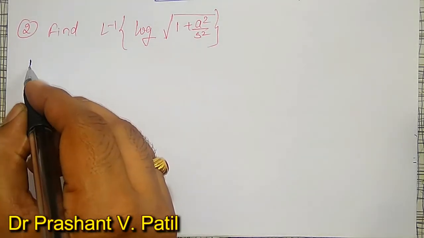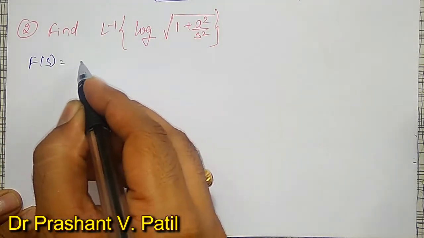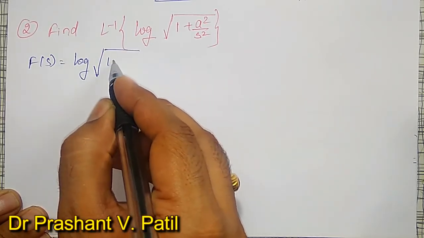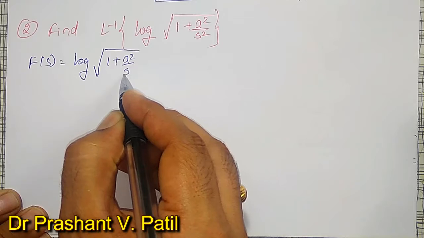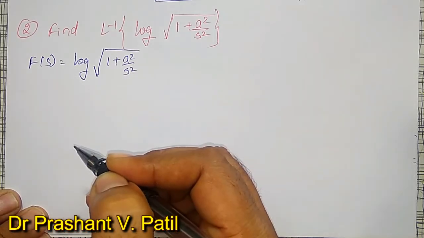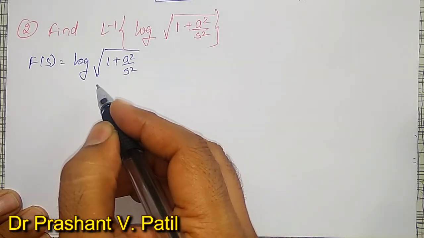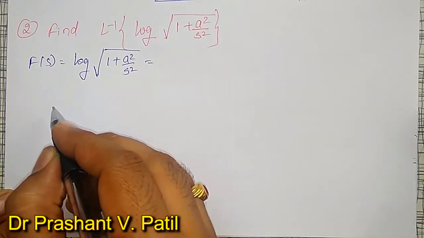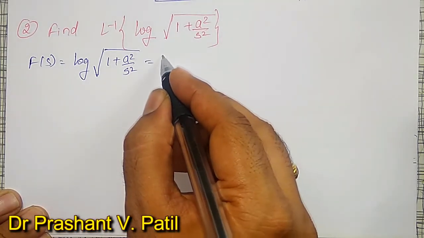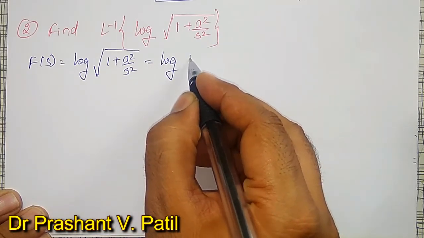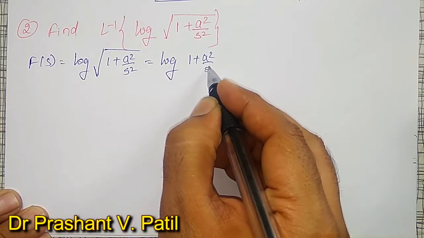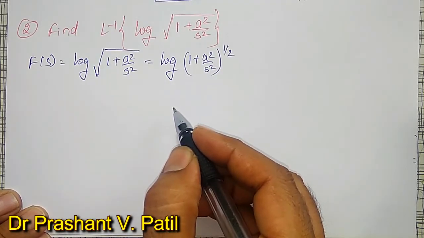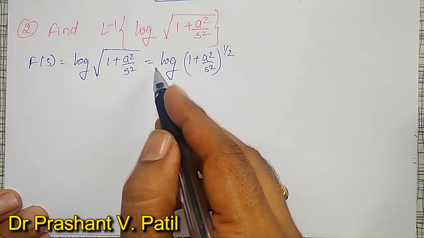Here my f of s is equal to log of square root of 1 plus a square divided by s square. Okay, to differentiate this one, simply I will use the properties of log and simplify, then I will differentiate. I can write this as log of 1 plus a square divided by s square raised to 1 by 2, and this 1 by 2 I will take here.